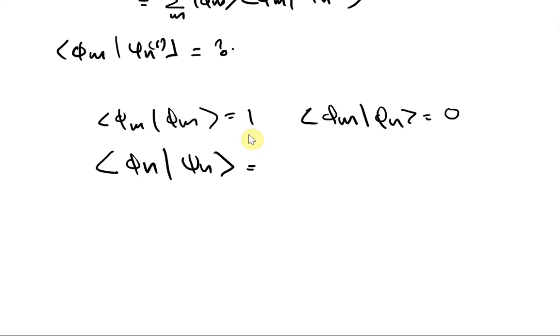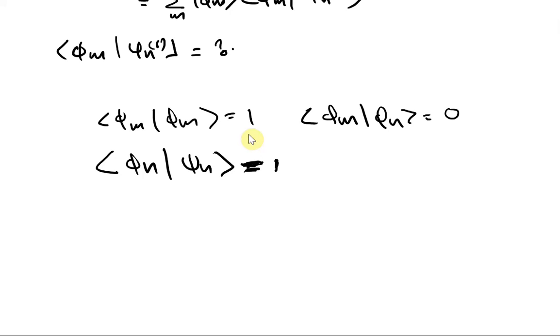It's going to be more or less like what you get for ⟨φn|φn⟩. There is slight variation, so it's approximately equal to 1. If you adjust the normalization a little bit, you can take this as 1. So ⟨φn|ψn⟩ is equal to 1.